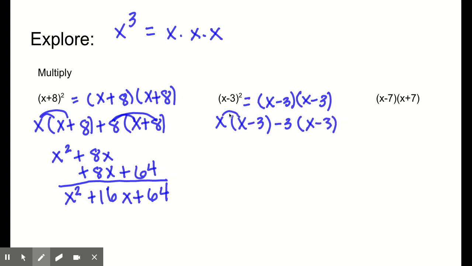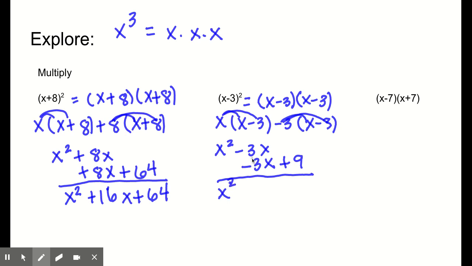Then I distribute, and I get x squared minus 3x. Negative 3 times x is negative 3x as well. And negative 3 times negative 3 gives us a positive 9. So watch those double negatives. And if we simplify, we get x squared, negative 3 minus 3 is negative 6x, plus 9.